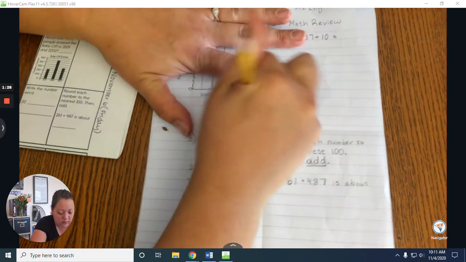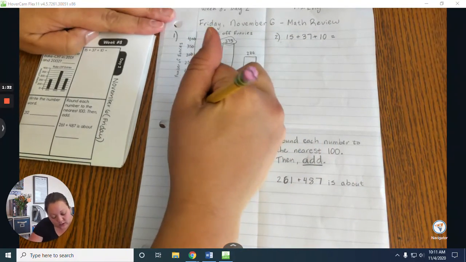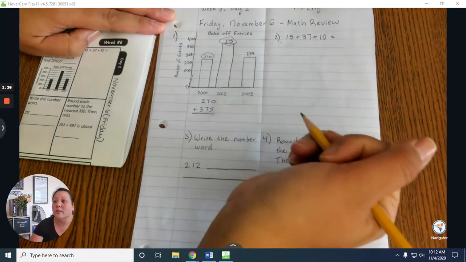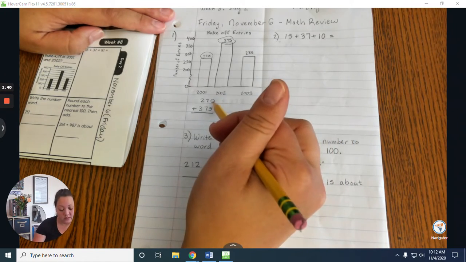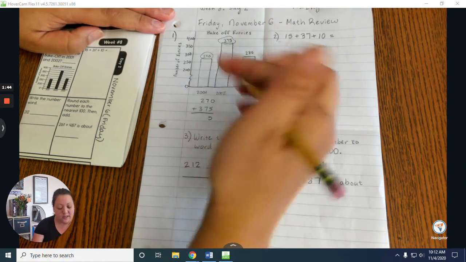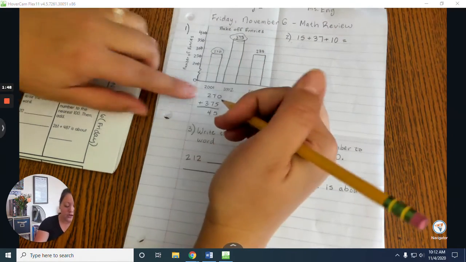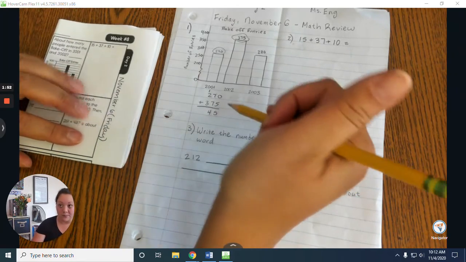I'm just going to do the standard algorithm because I'm running out of space, and obviously you might run out of space too, so you might need to write this on another area so you can show me your work, because part of your grade is showing me that you are doing this. You can't just do it in your head. 0 plus 5 is 5. 7 plus 7 is 14, so I'm going to put the 4 here, and I'm going to put the 1 right over here because that's how you carry that.